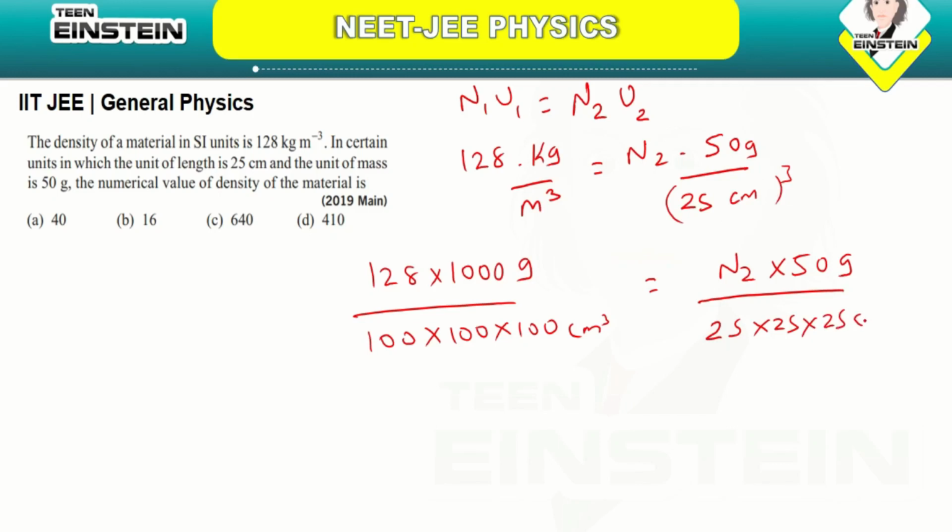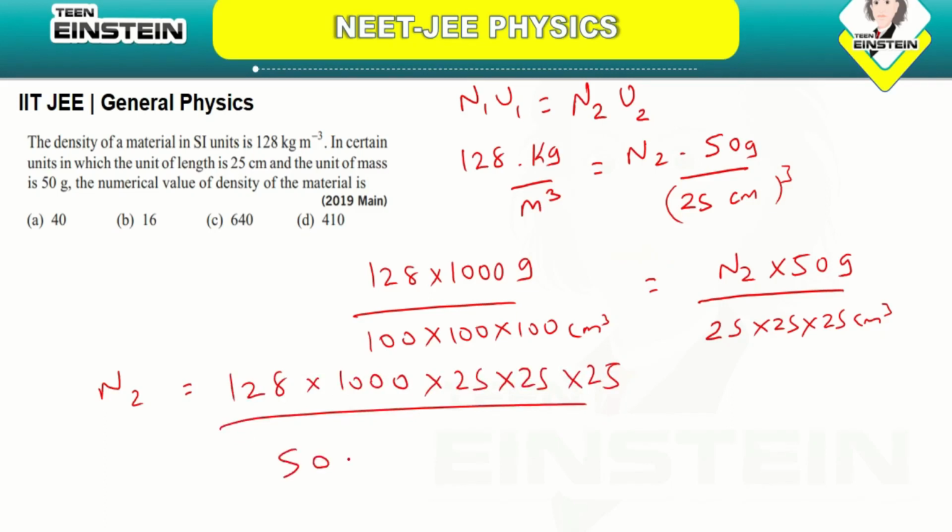So, you will be taking N2 this side, you will be having 128 into 1000 into 25 into 25 into 25 divided by 50 into 100 into 100 into 100.